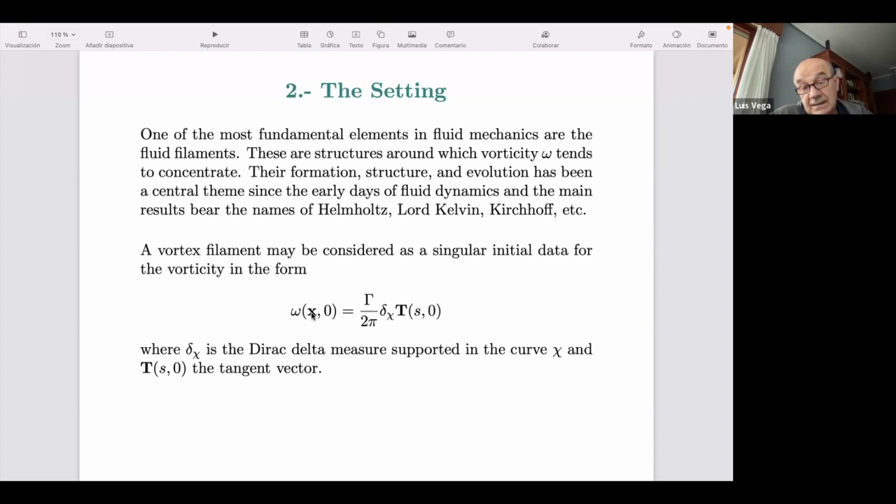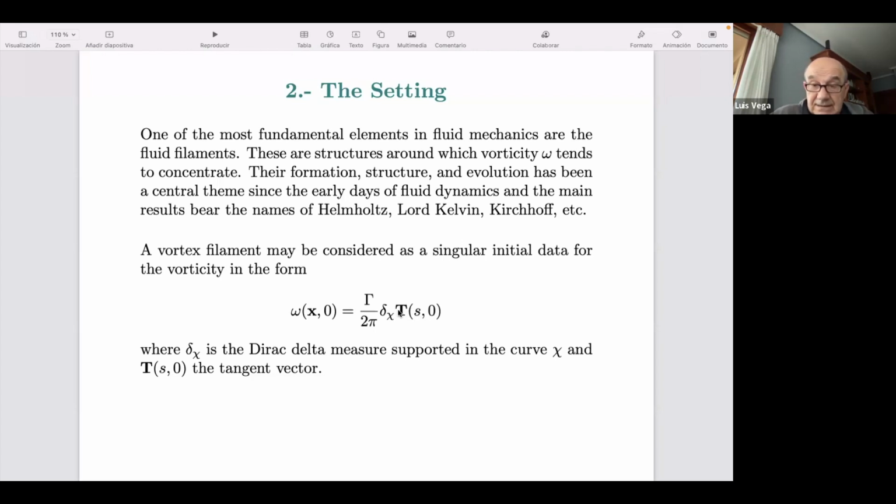So here, this little x is nothing but chi of S0, right? So I am parameterizing the curve according to the parameter S that eventually you will see can be taken as an arc length parameter. So the length of this guy will be 1.